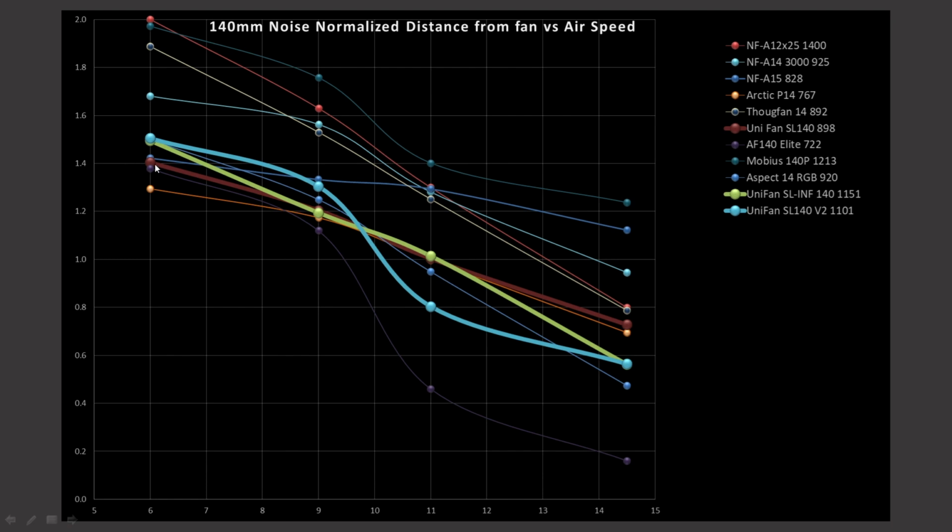So this red line is the SL-140 original, this green line is the SL Infinity, and the aqua teal color line is the SL-140 version 2. All of them are towards the bottom of the graphs. They'd be sufficient for case airflow, but it isn't what they specialize at.